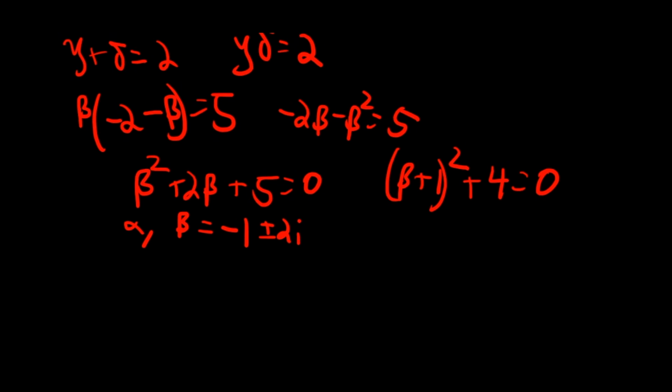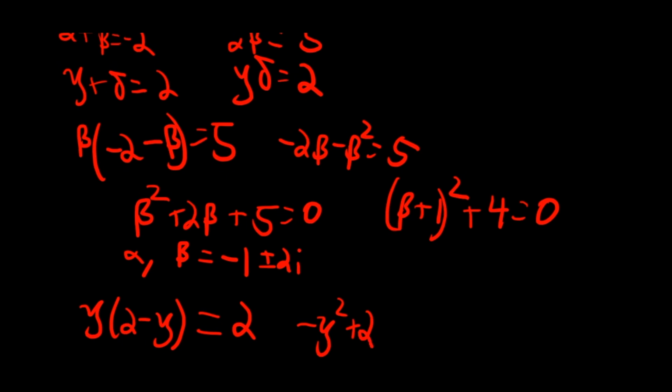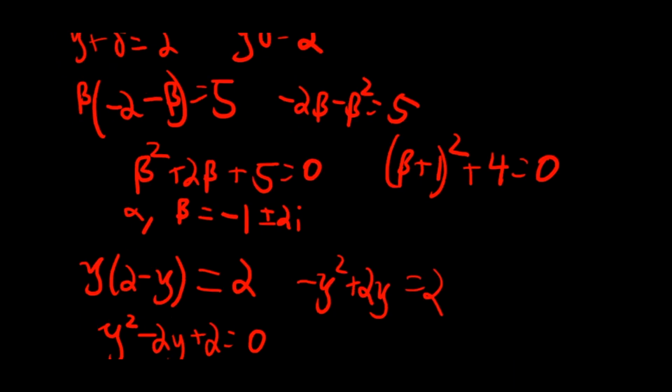And then if we do the same for the gammas and deltas, without loss of generality, if I substitute one of them out, we'll get gamma times 2 minus gamma is equal to 2. And so minus gamma squared plus 2 gamma is equal to 2. And so gamma squared minus 2 gamma plus 2 is equal to 0.